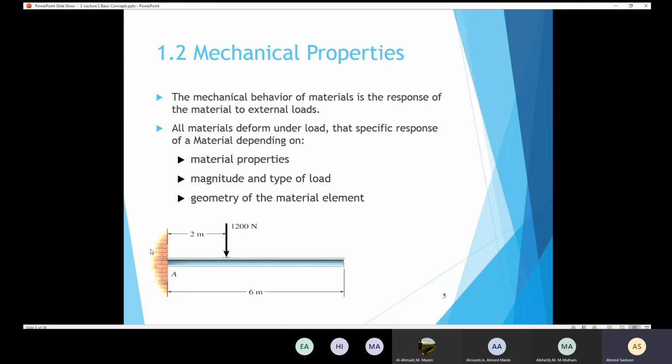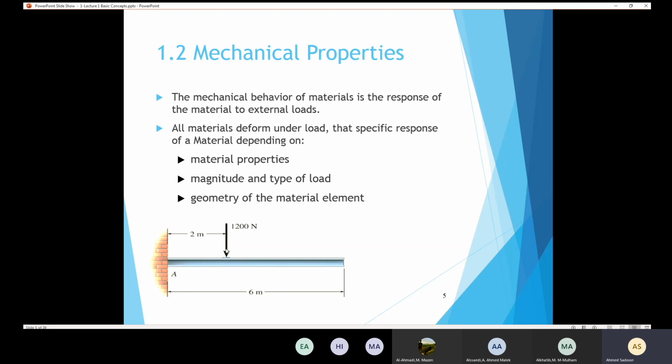Like you can see here, I have a cantilever. It's made from steel. It could also be made from wood, or it could be made from concrete. So I'm going to apply a load, and I'm going to see the response of that material. The mechanical properties mean the response of the material to external loads. We know that all materials are going to deform under load.